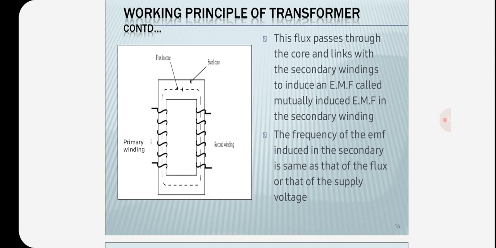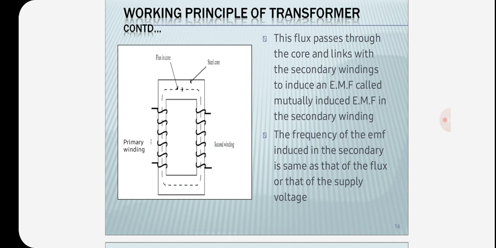The windings are insulated from both the core and each other. The winding connected to the supply mains is known as the primary winding, and the winding connected to the load circuit is known as the secondary winding.